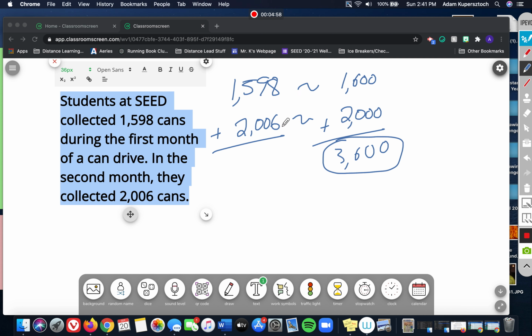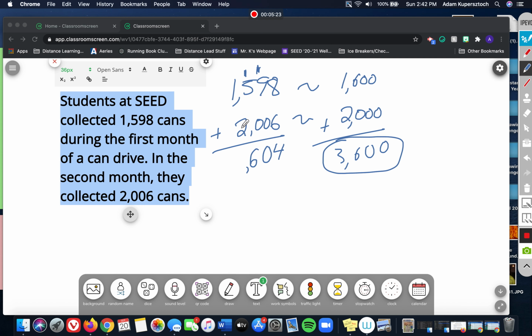All right. 8 plus 6 is 14. I'm going to put down my 4 here and bring up the 1 into the tens column. 90 plus 10, or 9 plus 1, is going to be 10. So I'm going to put a 0 here and bring it over to my hundreds column. 500 plus 0 is still 500, plus 100 more, the one from up there, is 600.